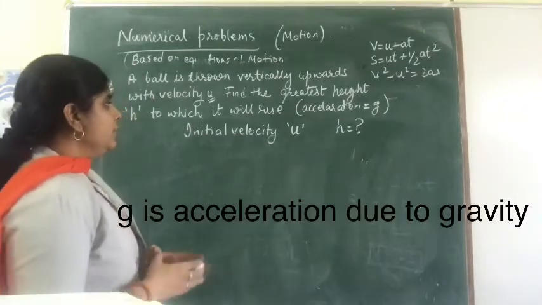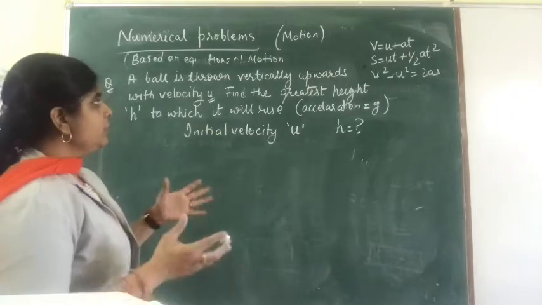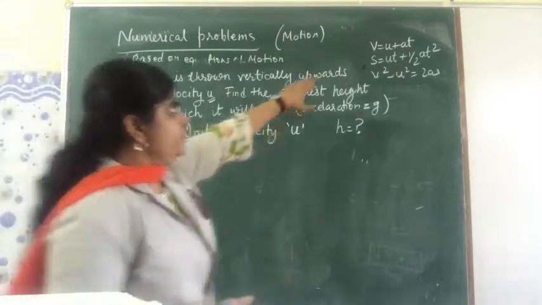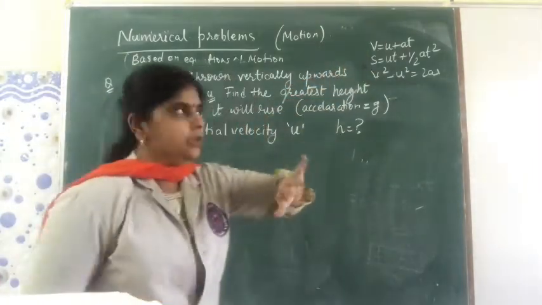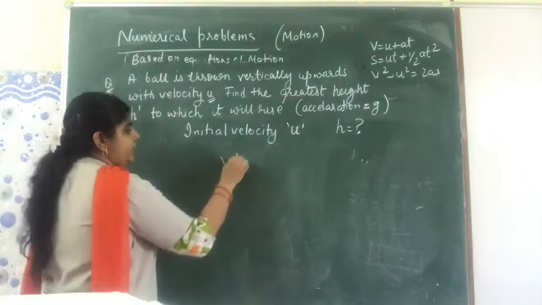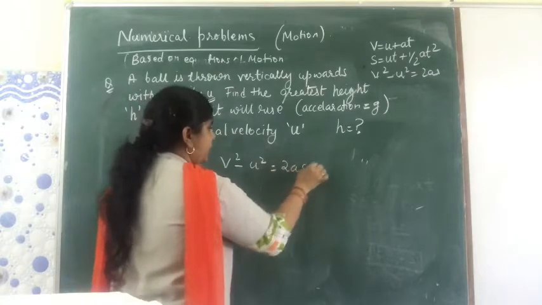Now which equation should I use? I do not require any time here, so I do not require the first two equations. I will just use the third one, that is, v square minus u square is equal to 2as.